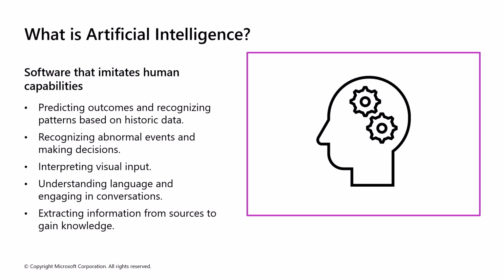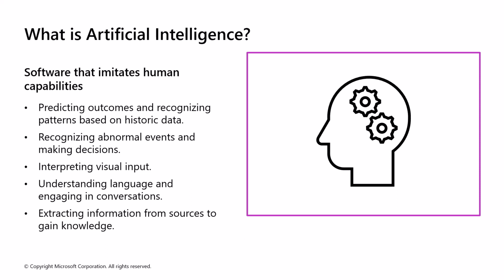We use sight to experience the world visually, and we can communicate by writing and speaking and engage in dynamic conversation, responding appropriately. We can also extract information from multiple sources to extend our knowledge. Those are some of the things we do subconsciously as humans, and we want to create software around them.